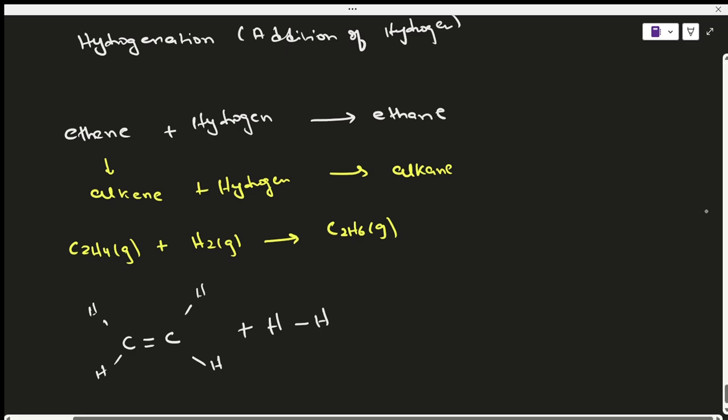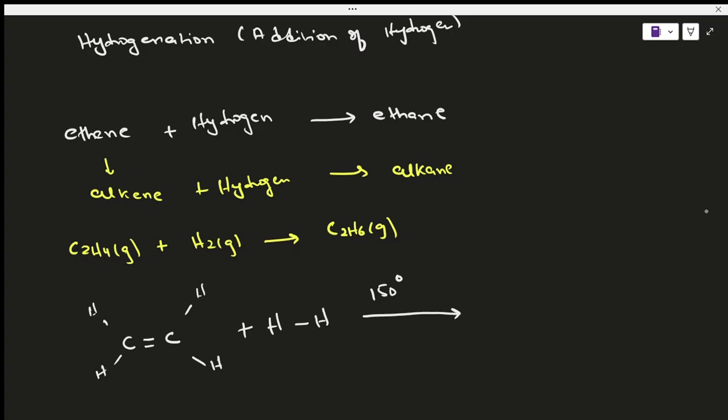And now you need two things here. You need 150 degrees of temperature, and you also need the presence of a catalyst, and that catalyst in this case is nickel. So you need 150 degrees temperature, you need a nickel catalyst, and you're going to make an alkane molecule.